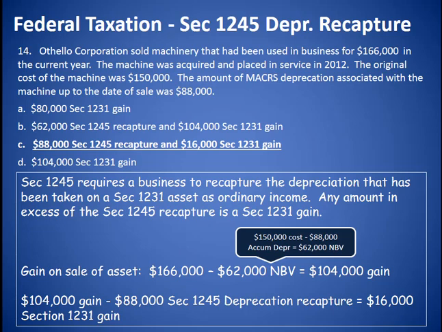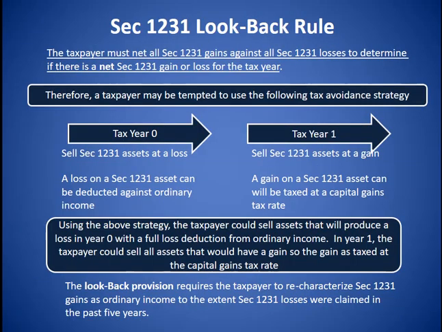Now let's go and take a look at another area which we call the Section 1231 look-back rule. As we talked about in the previous slide regarding Section 1231 gains and losses, the taxpayer must net all Section 1231 gains against all Section 1231 losses to determine if there is a net Section 1231 gain or loss for the year.